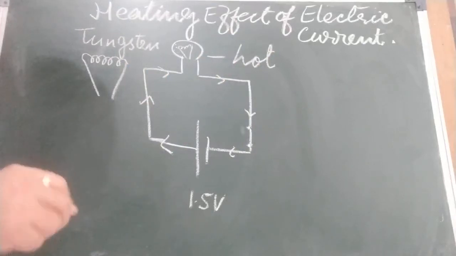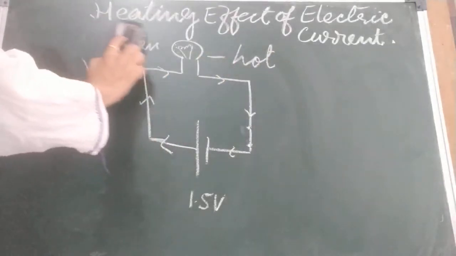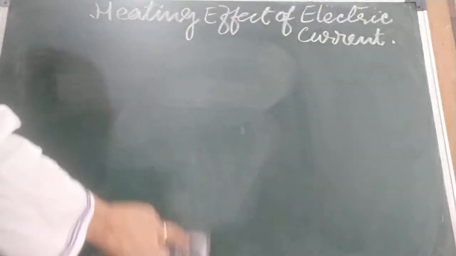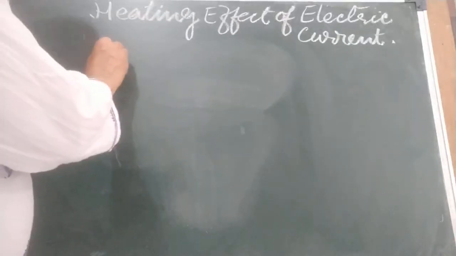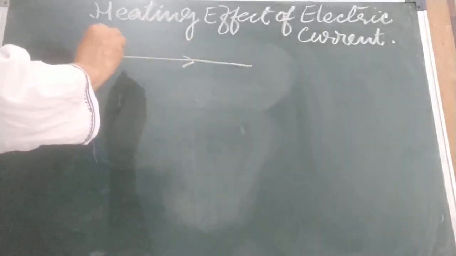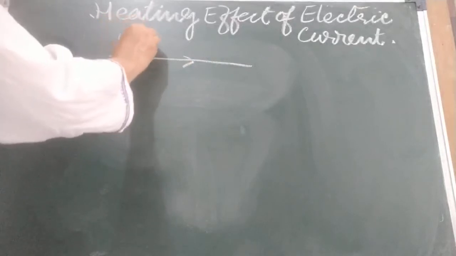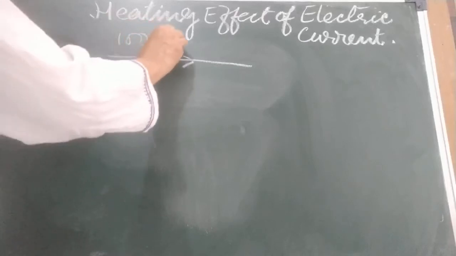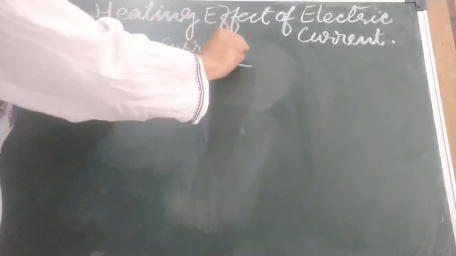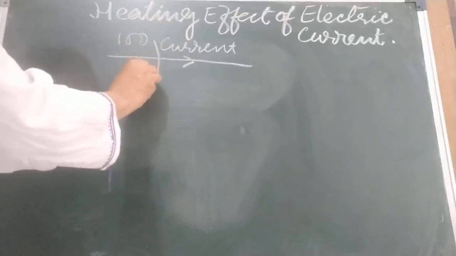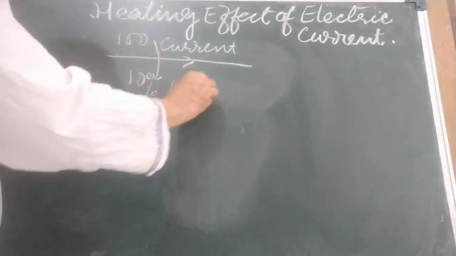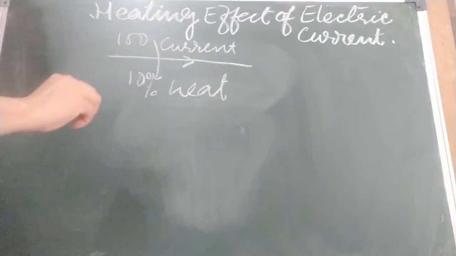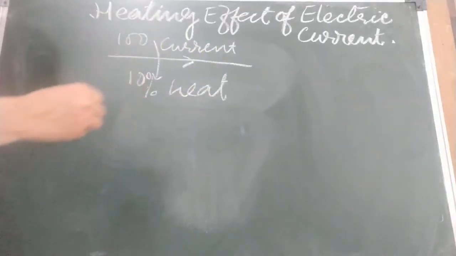This is our topic. Now children, the heating effect of electric current is a disadvantage. Like current is flowing, and suppose we are giving 100% current, 10% of this current is converted into heat, so there is a loss of electric energy. 90% we are getting, 10% is converting into heat.